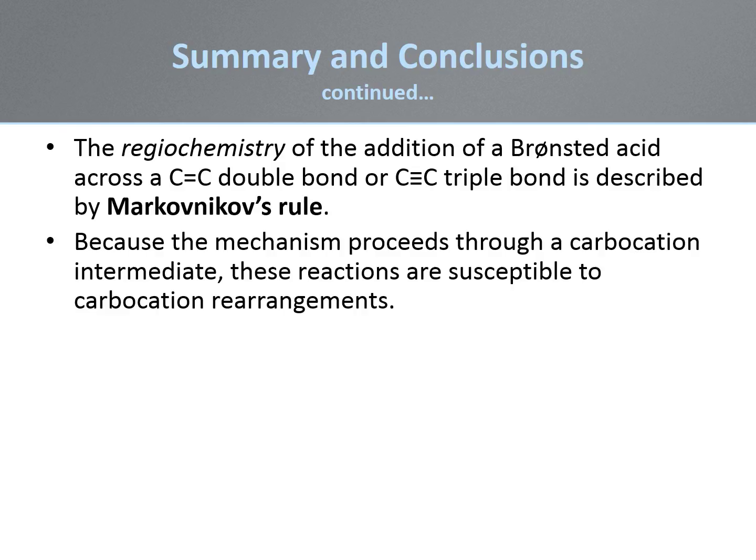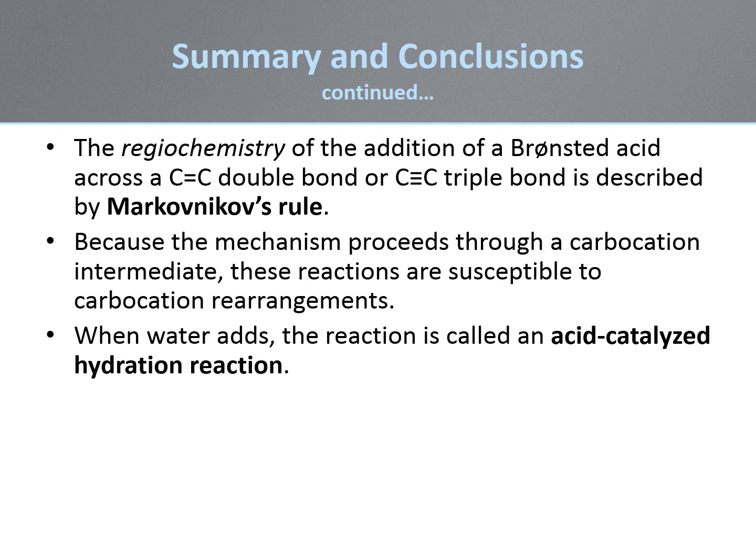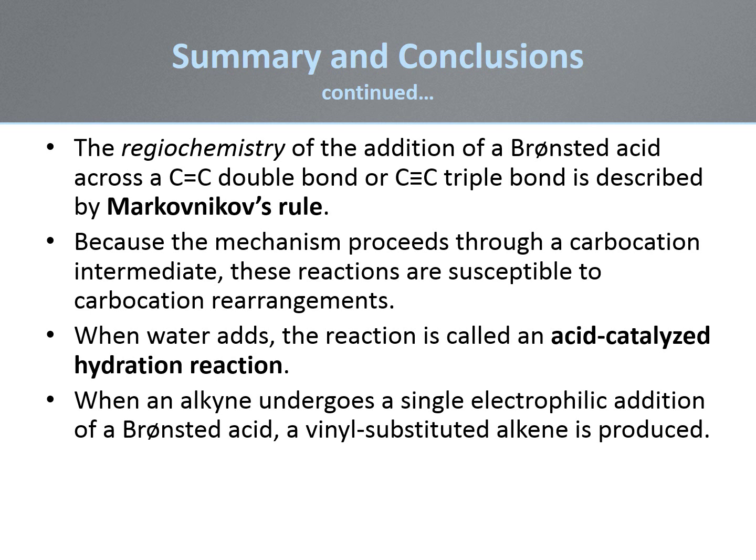When water adds across a pi bond, the reaction is called hydration. This reaction typically requires an acid catalyst to proceed. The addition of a Bronsted acid across a triple bond leads to a vinyl substituted alkene. Due to the instability of the intermediate vinyl cation, this reaction typically proceeds in low yield.